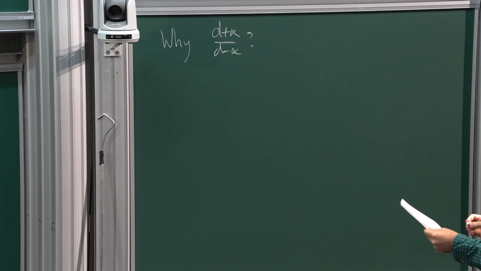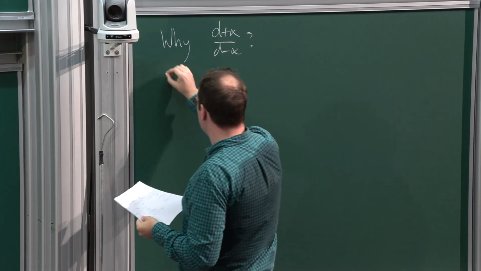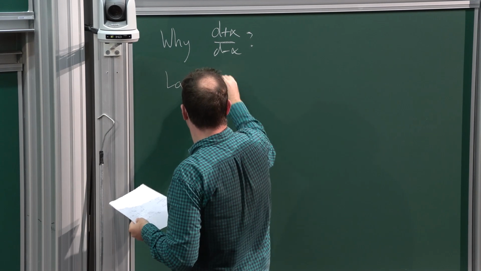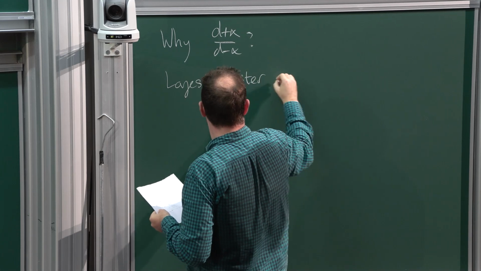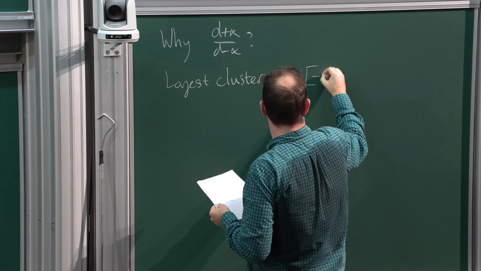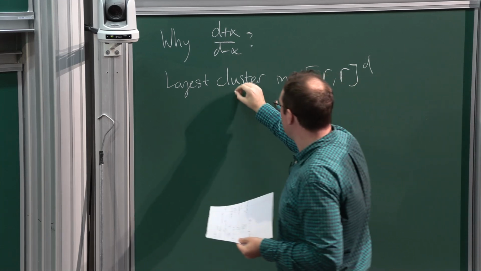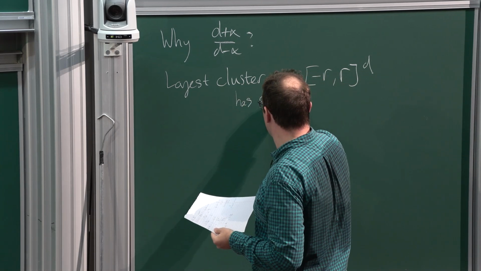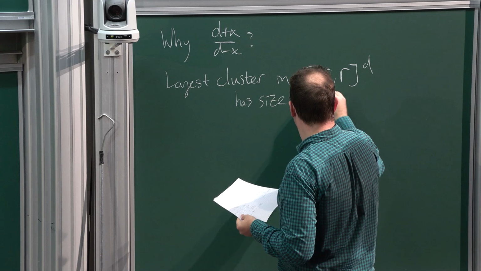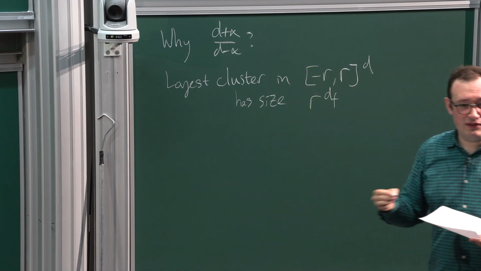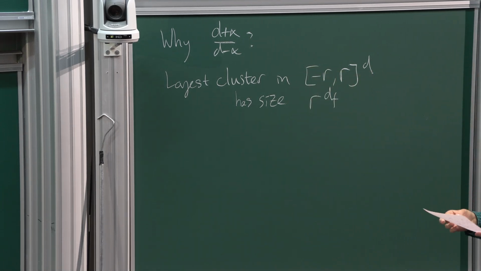Okay, so in low effective dimension, let's say the largest cluster in the box of radius r has size r to some exponent, df, meaning the fractal dimension.